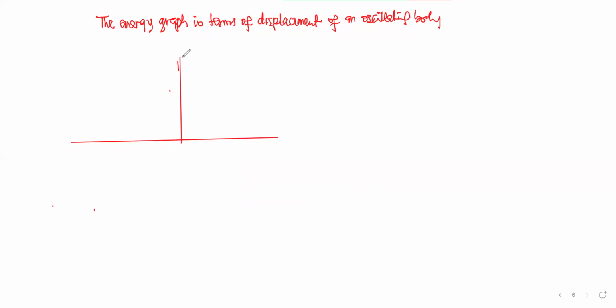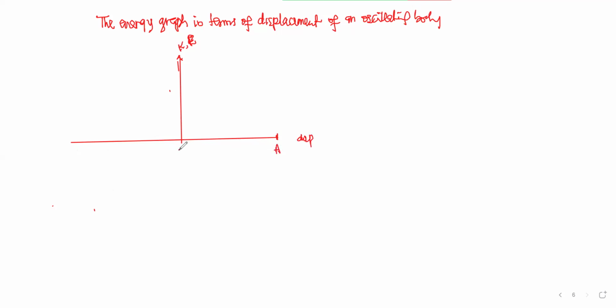The vertical axis, let's label it KE and PE. And then, since the horizontal axis is for displacement, this point is equal to the amplitude.